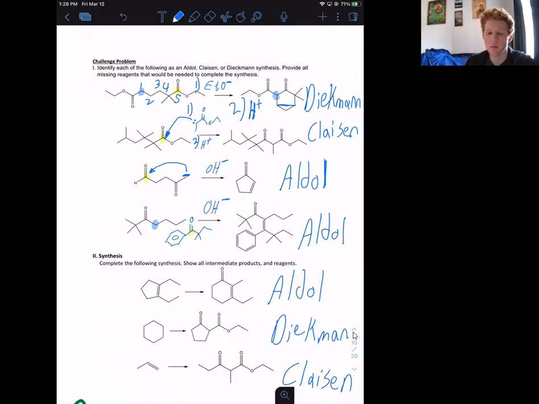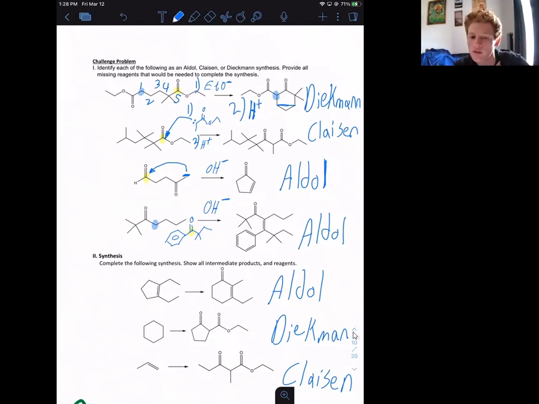Dieckmann involves no extra secondary reactants, so it's an internal formation of a ring. And then Claisen is the exact same reaction, it's just between two different molecules.